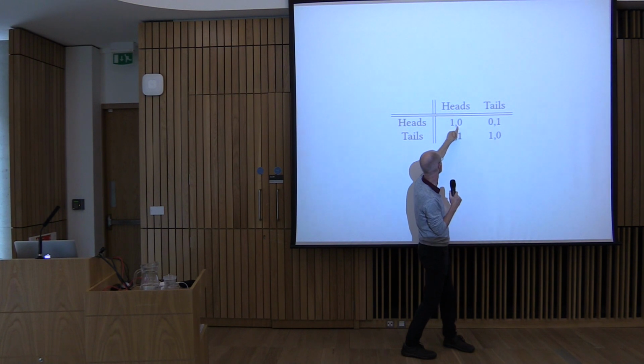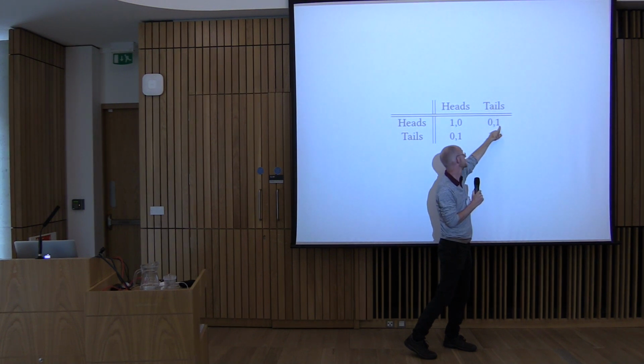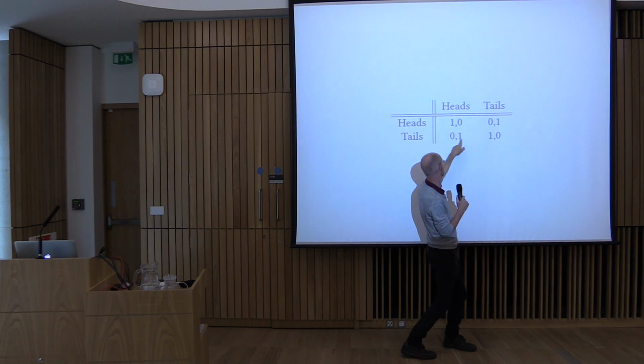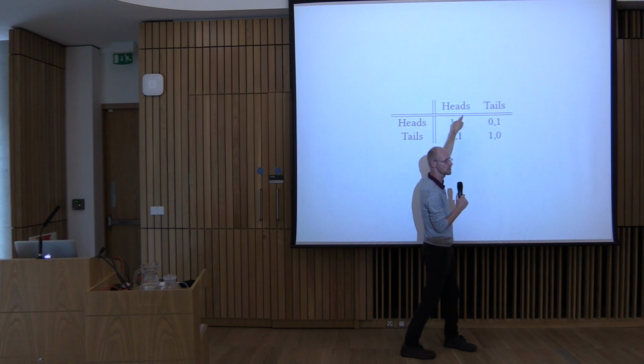He says, if row player plays heads, I play, of course, tails. But this is also not a Nash equilibrium because row player knows, if column player plays tails, I'm better off playing heads. And then the preference goes this way, and then that way, and we go in circles all the time.